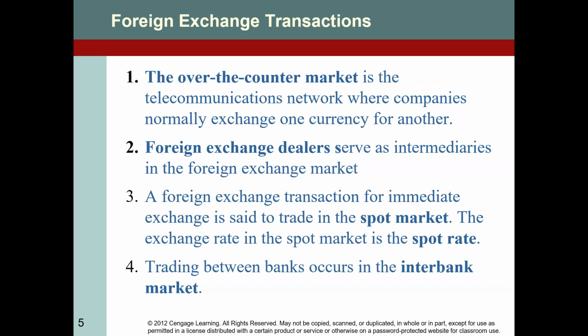Trading between banks occurs in the interbank market. A very important concept here is spot rate: the rate you trade your currency at in the spot market for immediate exchange.